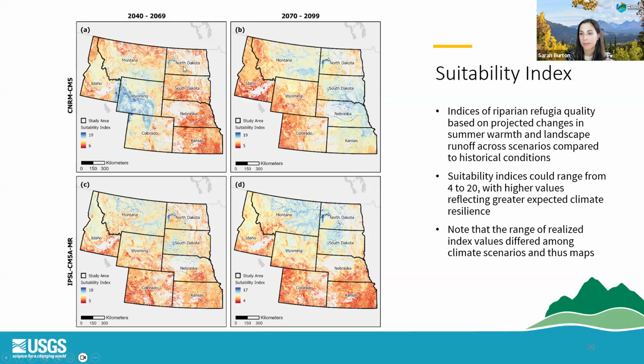And so this allows you to look across and see which one of these scenario time period combos is going to be the best. And it allows our managers to quickly look and identify with these color ramps which states or areas within their state would be the best place to preserve.